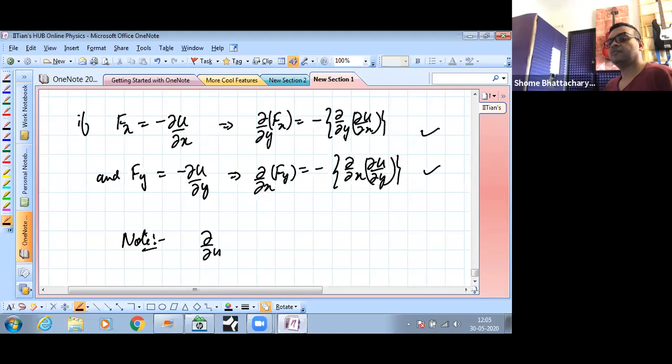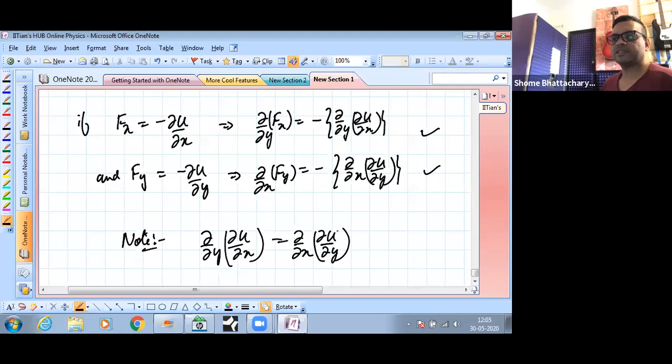Del by del y of del U by del x will always be equal to del by del x of del U by del y. You can take any example and you can understand that partially differentiating with respect to x first and then with respect to y, or with respect to y first and then with respect to x, is one and the same.